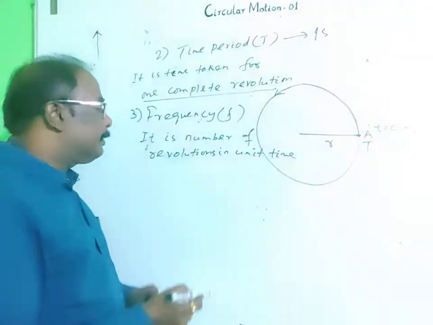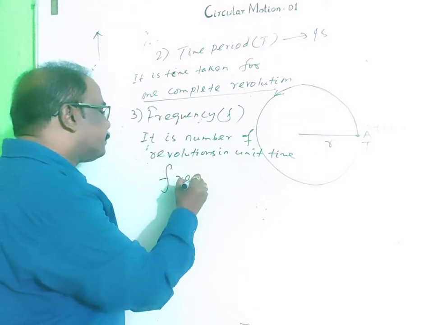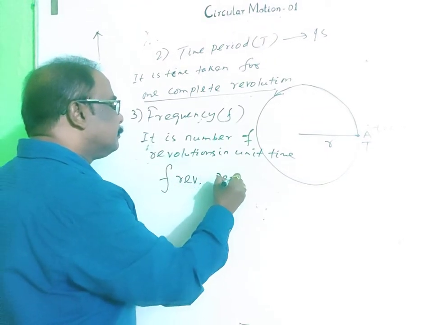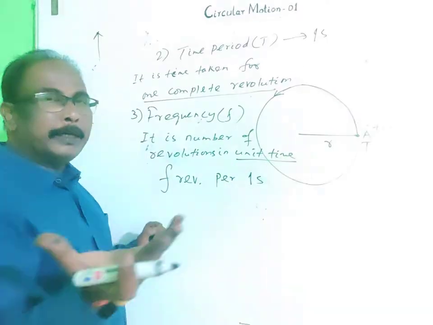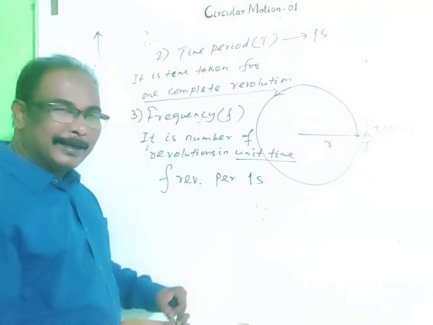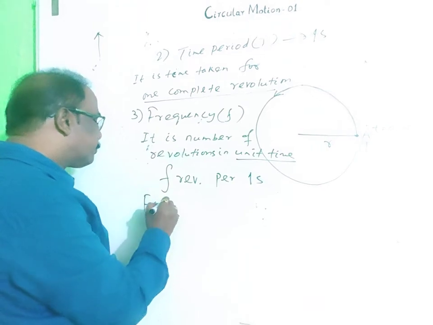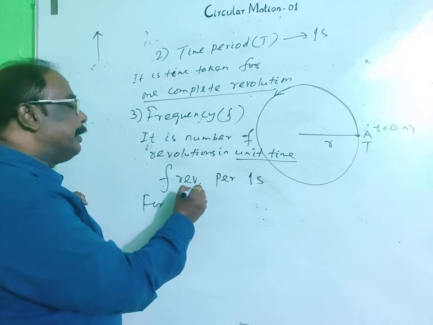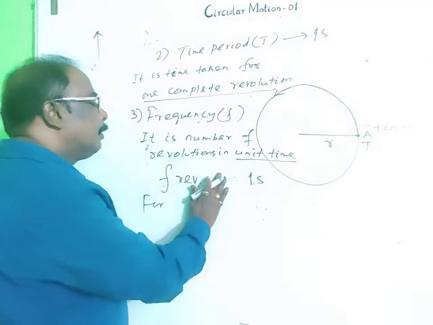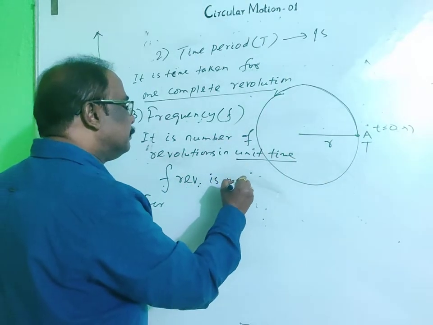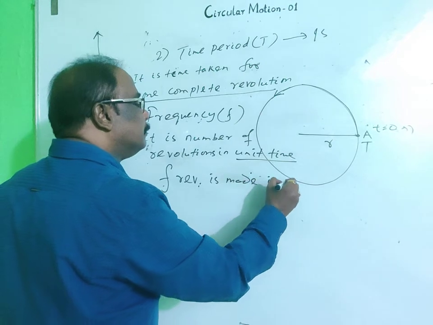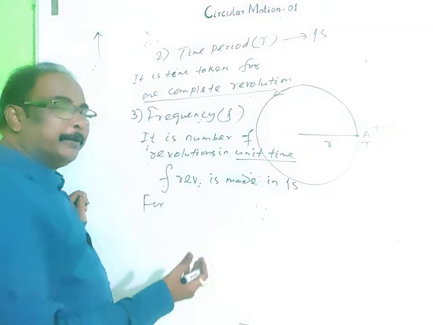F is frequency, meaning F revolutions per 1 second. Unit time means in SI we take 1 second. Then F revolutions are made in 1 second, or unit time.